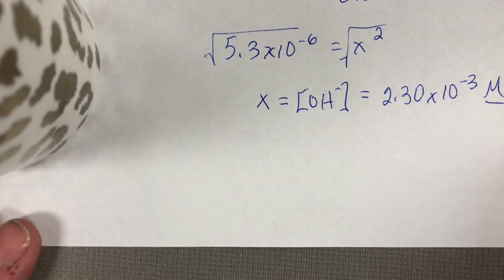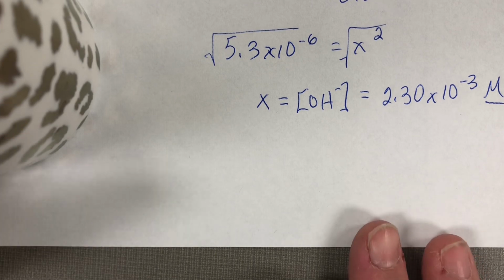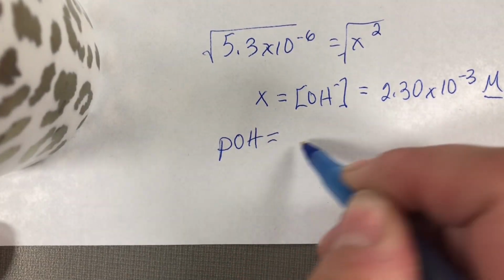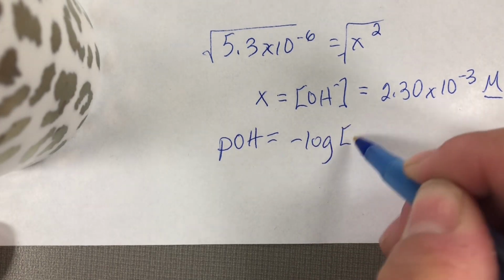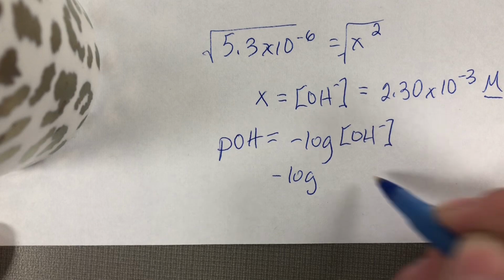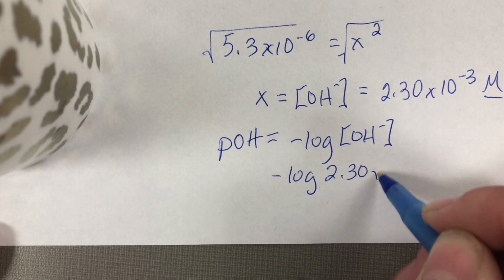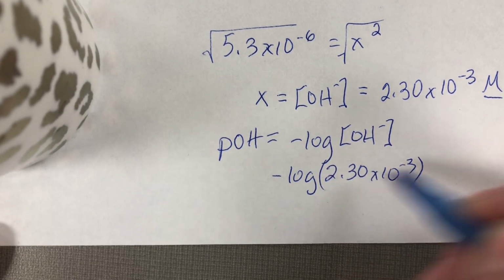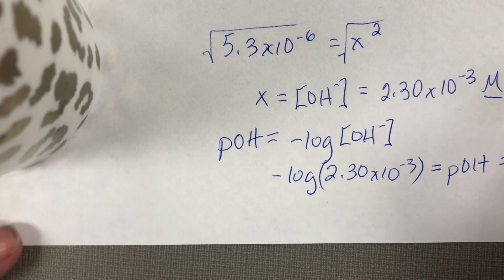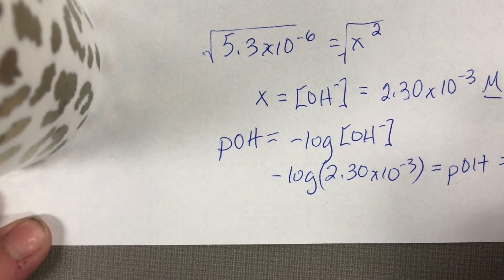So once we know the concentration of hydroxide, we can get the POH, because POH is the negative log of that hydroxide concentration. So we're going to do the negative log of the 2.30 times 10 to the -3rd, and that's going to give us a POH value of 2.64.